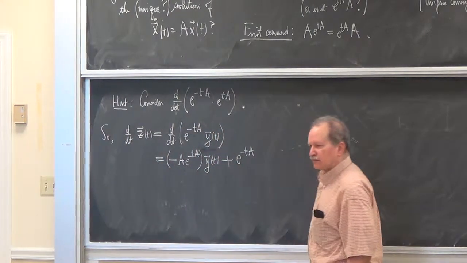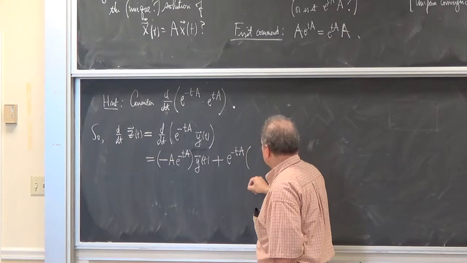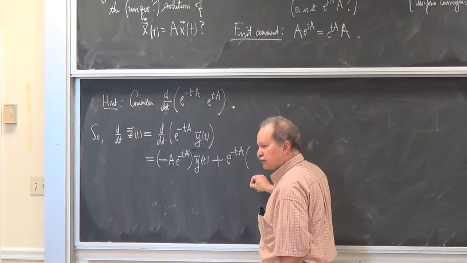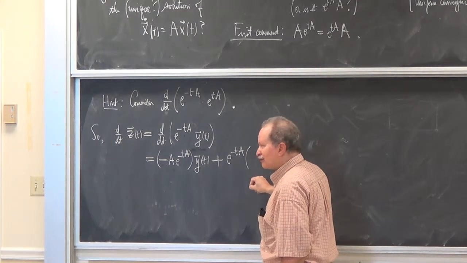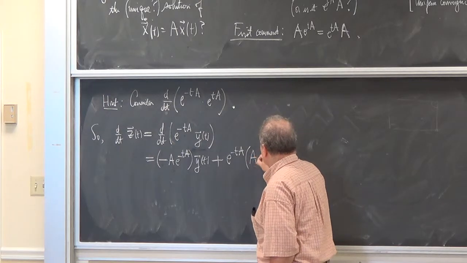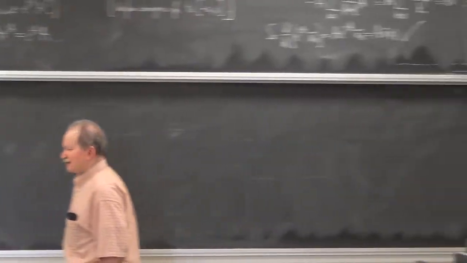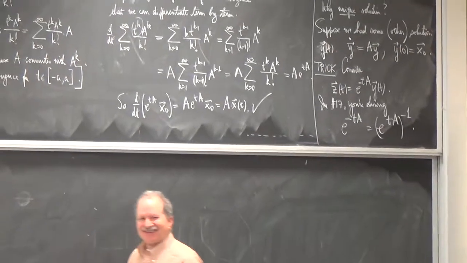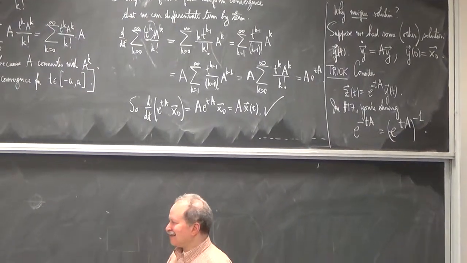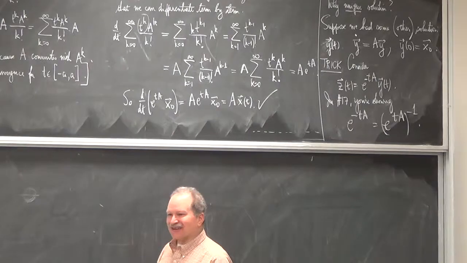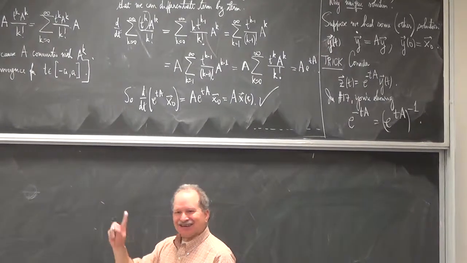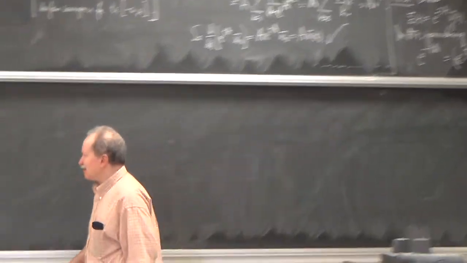e to the negative ta times y dot of t, which equals... Now it's important that they commute, isn't it? Yes.